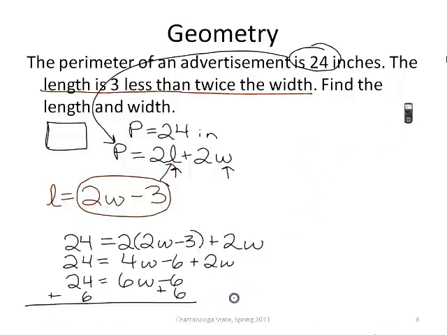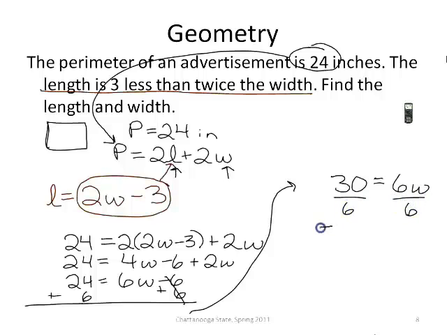That's going to give me 30 equals 6W. The 30 comes from the 24 plus 6 equals 6W. Then I'll divide by 6 and get that my width is 5.